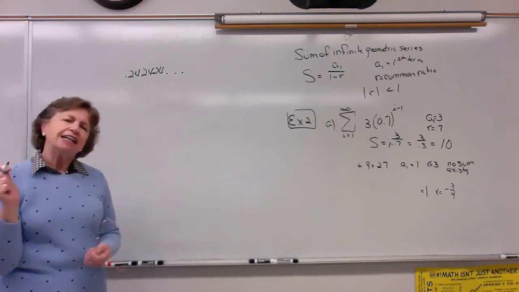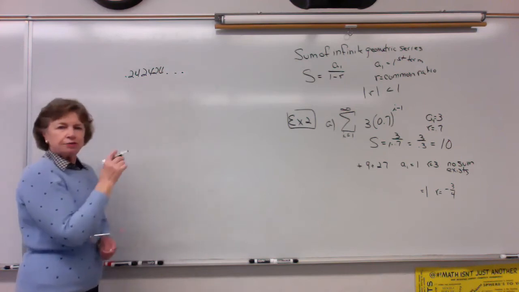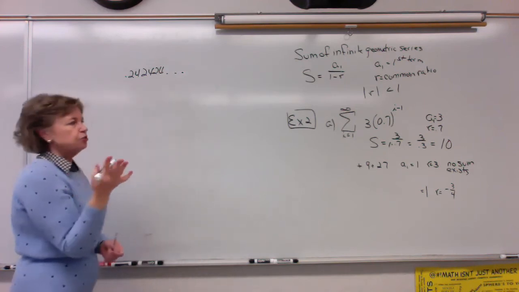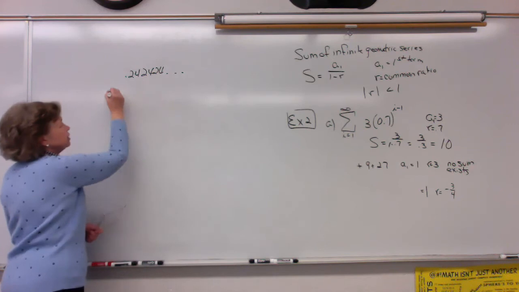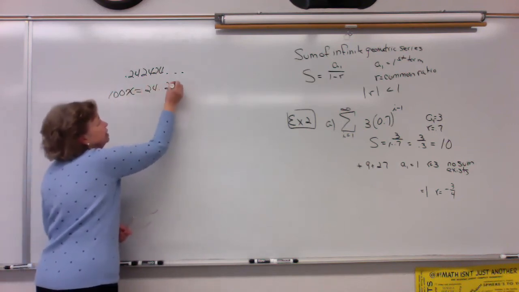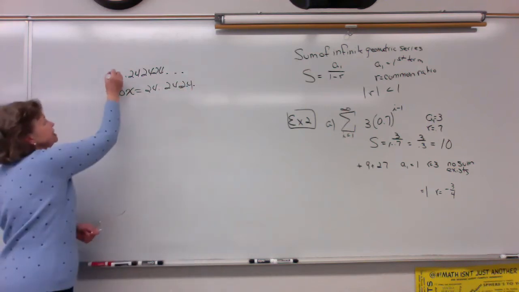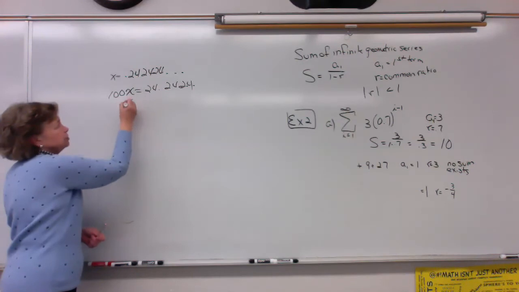And the way we did that in pre-algebra was to look at how many decimals repeated, so in this case 2, so 10 to the 10 squared, so I have 100x equals 24 point, and that repeating part just repeats.